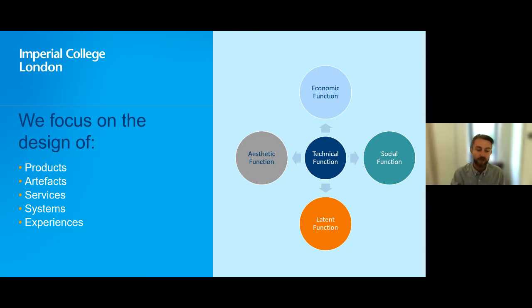So the fact that you can go and search on Google or communicate with your friends via a social media website, these are not things that you can reach out and touch, but they require a huge amount of technical understanding. But in addition to the technical understanding, you have to also understand things like economic function, social function, aesthetic function, latent function. All of these things have to come together at the same time in order for you to deploy successful products.